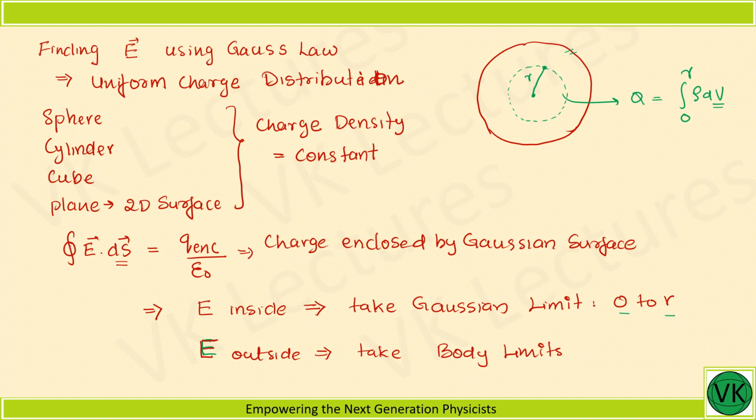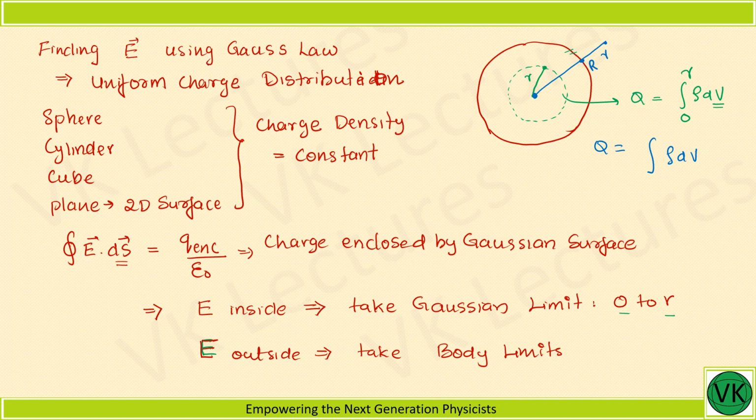So we are finding the electric field here, at distance r, then the total charge q will be equal to integral rho dv. So you have to integrate from 0 to capital R, not the small letter r, because there is charge present only up to this point.